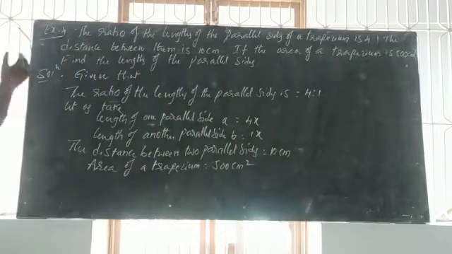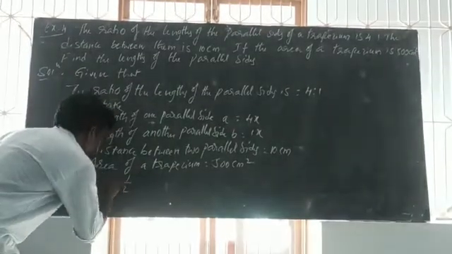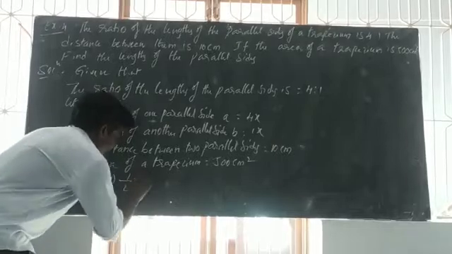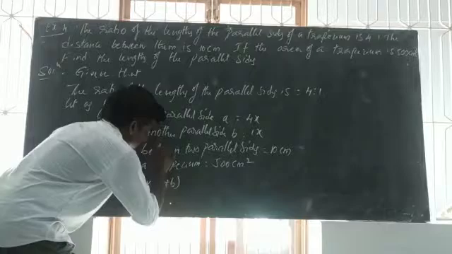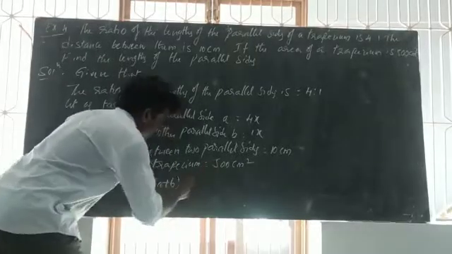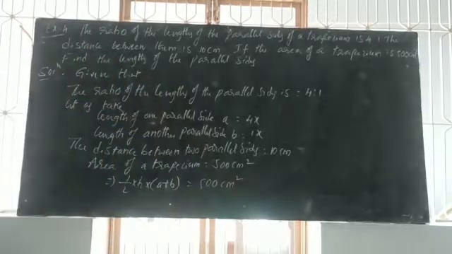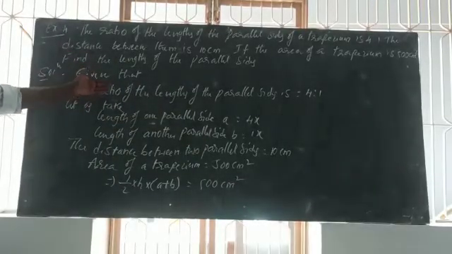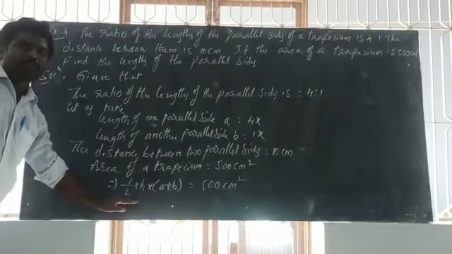So what is the formula for the area of a trapezium? Half into the distance between the two parallel sides into the sum of the two parallel sides is equal to the given area of the trapezium, 500 centimeter square. We can substitute the values in the given formula and find the length of the two parallel sides.